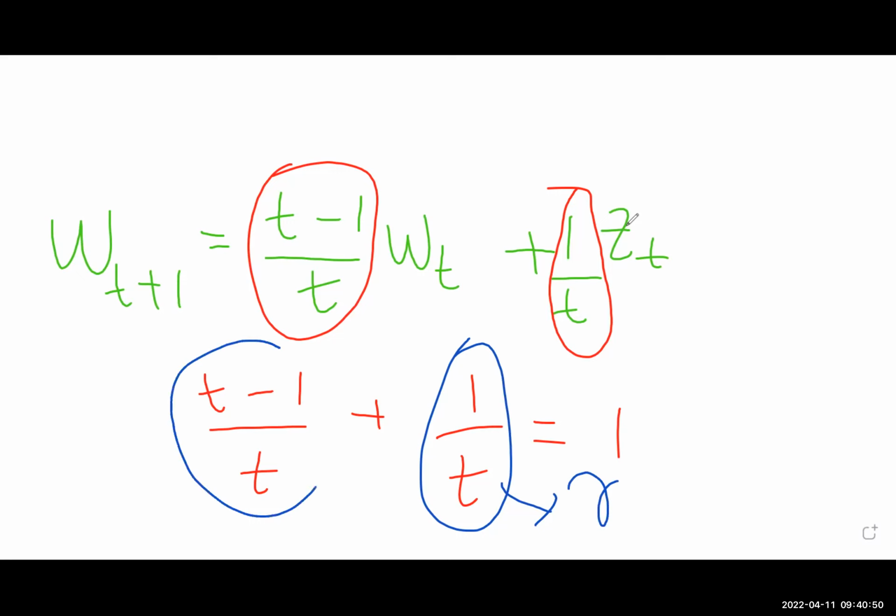So then what is this? This one is 1 minus gamma, right? So 1 minus gamma plus gamma is equal to 1. Exactly the same thing, right?